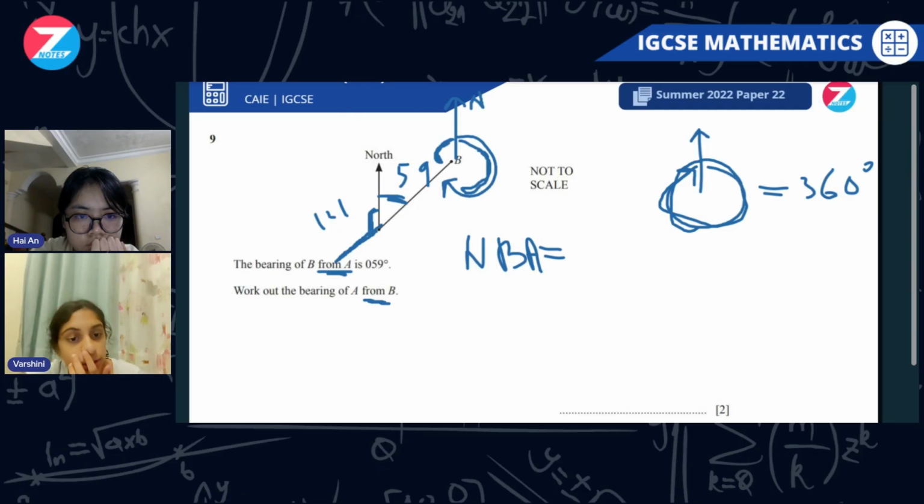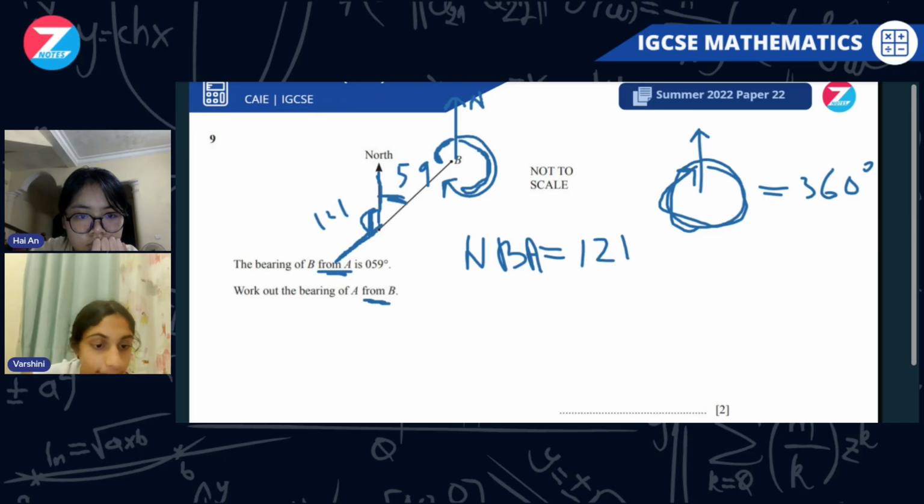We also know that this angle, NBA, is the opposite interior angle of 121, because we can clearly see that these lines are parallel, these two norths, and so this NBA is going to be equal to 121. So we can write NBA equals 121.